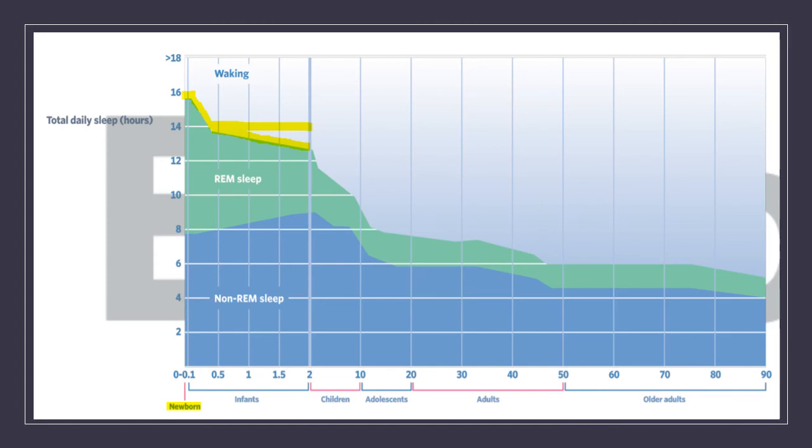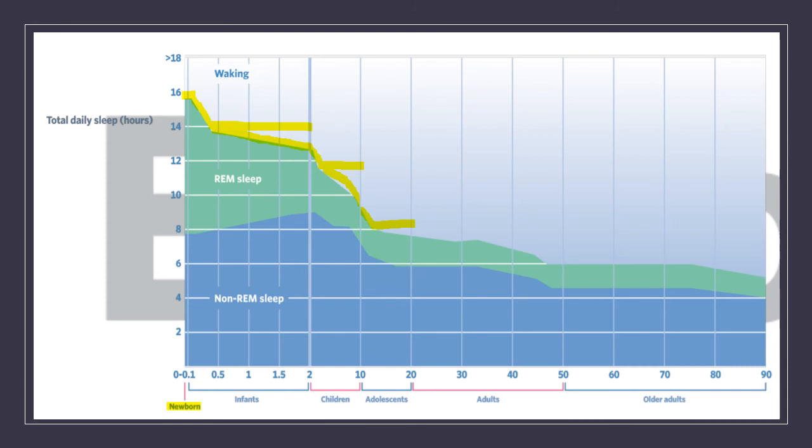Then you have a look here, at the age of 2 to 10, it goes down from about 12 hours to about 10. So as they get older, the amount of sleep that people need goes down. Then we start having adolescence, so 10 to 20, and once again, we're looking at 8 hours to about 7.5.